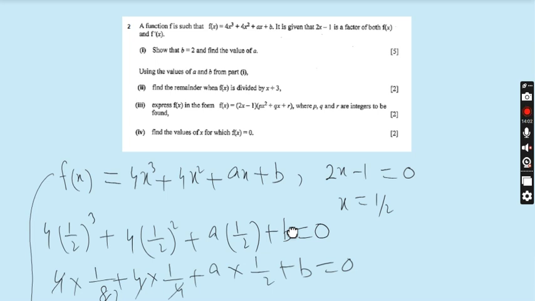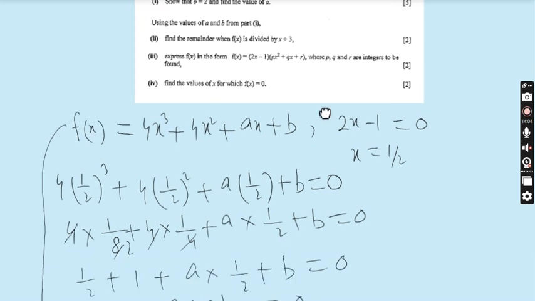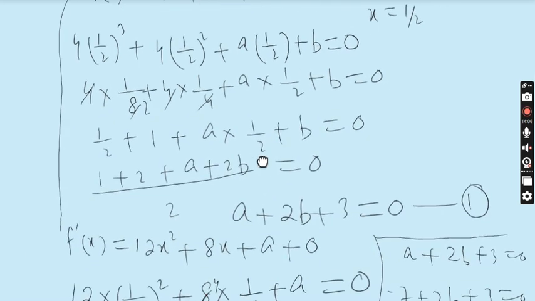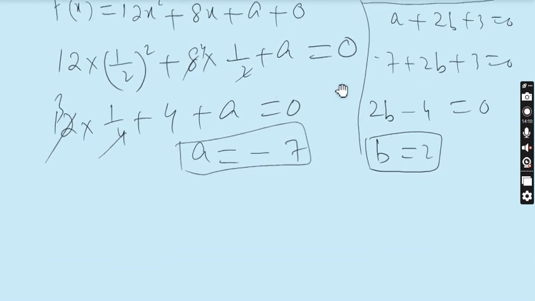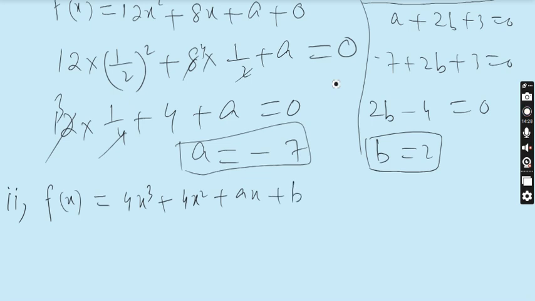Using the values of a and b from part 1. So first we have to write part 2. We have to write the expression 4x cube plus 4x square plus ax plus b.